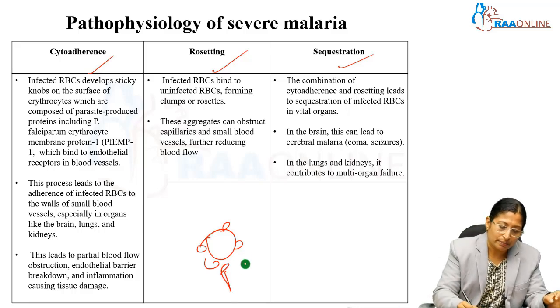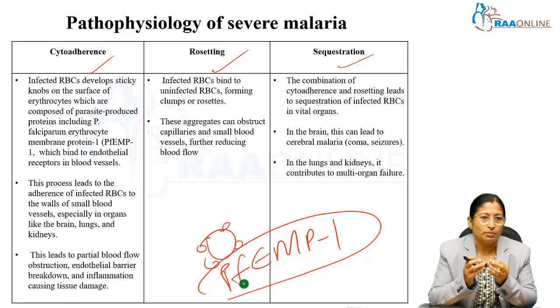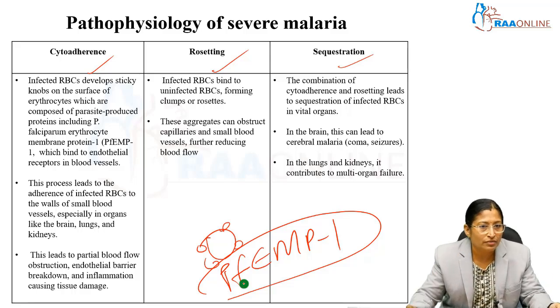These form the sticky knobs on the surface of RBCs, and these bind to the endothelial receptors of the capillaries and smaller blood vessels.